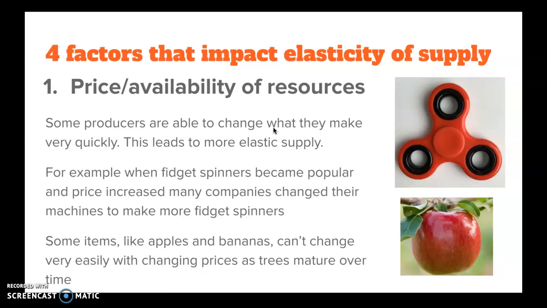So that really good apple that you get at the beginning of the year called the First Kiss, super popular, really expensive right now, but there's not a lot of available resources in order to get that. It takes time in order to grow those trees. So apples and bananas, it takes time to mature those, and so the availability of resources is pretty low. But a thing like fidget spinners, when they got popular, it was easier for producers to change in that.